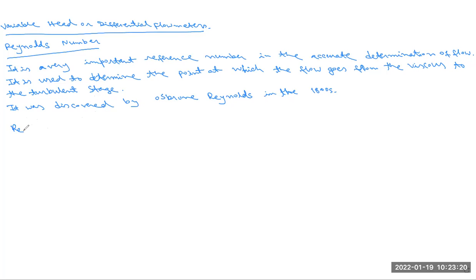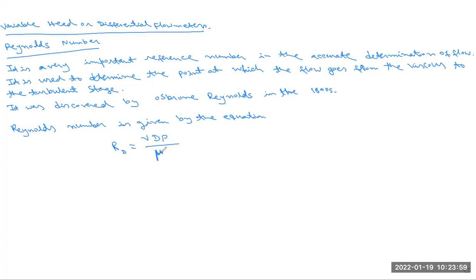So the equation is: the Reynolds number, expressed as RD, equals V D rho divided by mu.